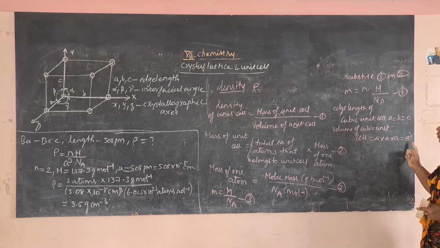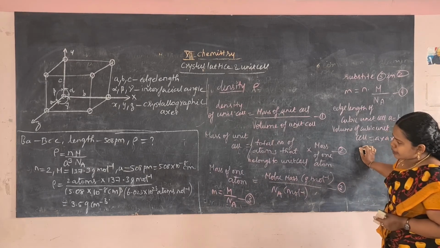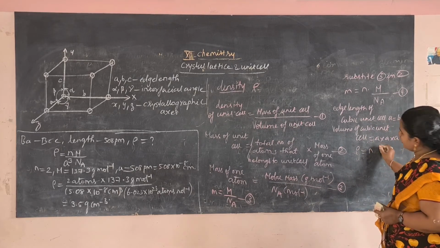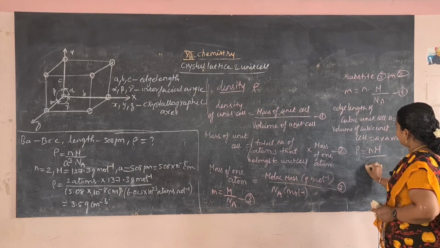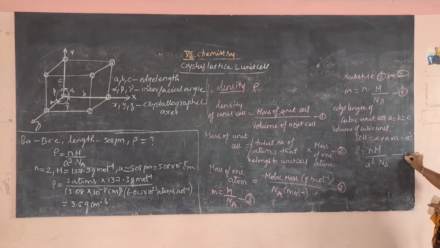So when you substitute these in the first equation, we will get rho equal to n into M divided by a cube into Na. So this is the fifth equation.